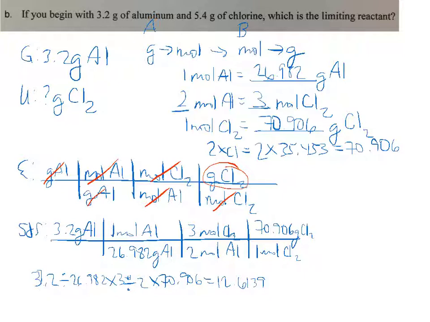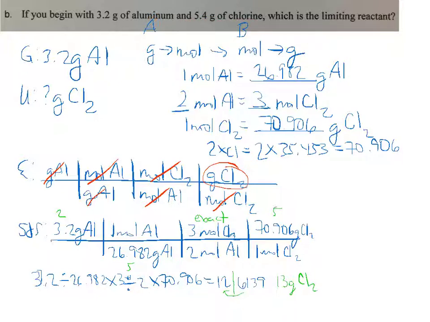Okay, and then if we go and we look at our significant digits, we have 2, this is 5, this is exact, and this is 5. So we need to take our answer to 2, which means that this rounds to 13 grams of chlorine gas. And then if we look back up at our problem, we were given 5.4 grams of chlorine.